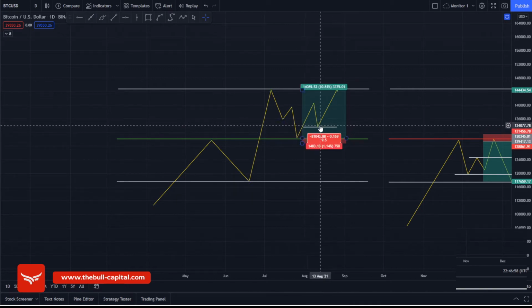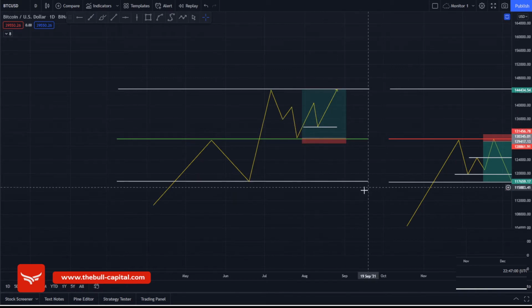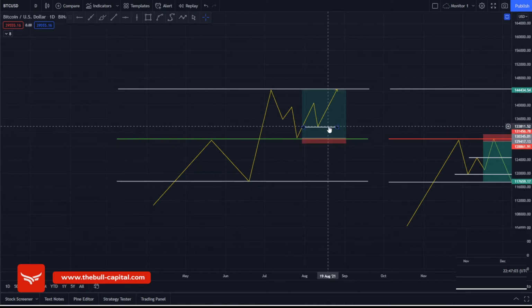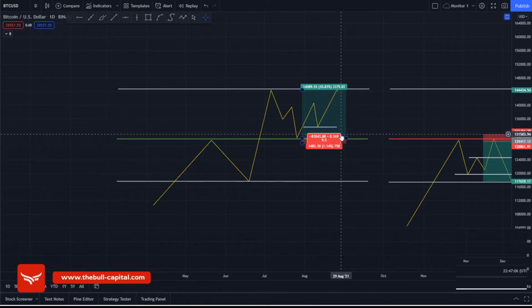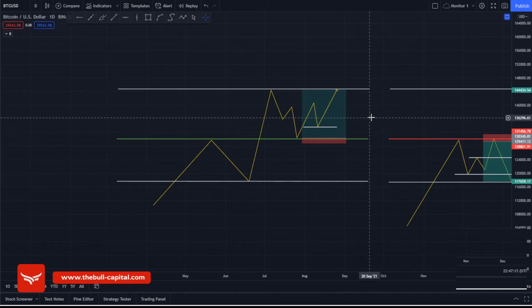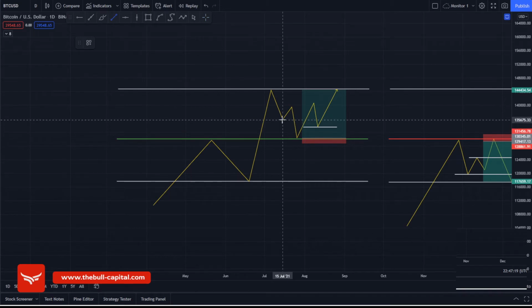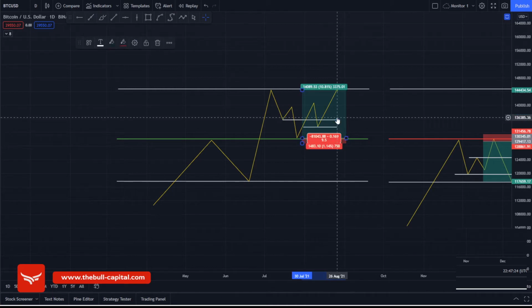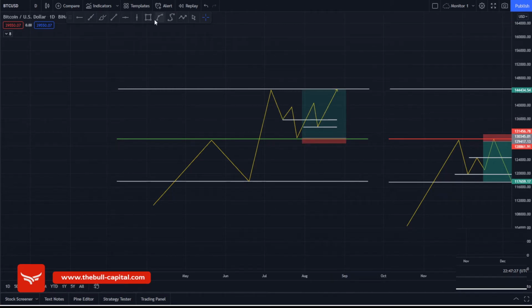So our first profit is this one, because the price can bounce from this and come back to our support, or maybe even break it. And the next take profit level is the next valley, which is this one here, that valley there.